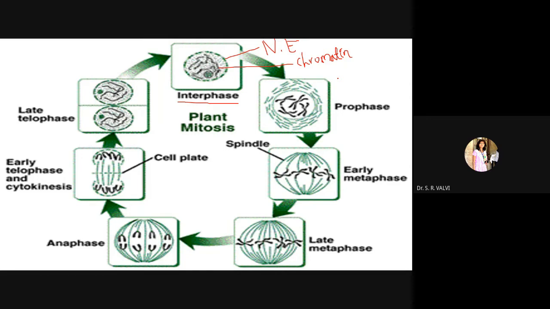We call it a chromosome, which carries DNA or hereditary information. So this chromatin is a very long structure which further condenses, and then the chromosomes form their pairing, then they are pulled apart from each other, and then cell plate formation takes place, and finally the last phase, that is telophase, is going to occur.